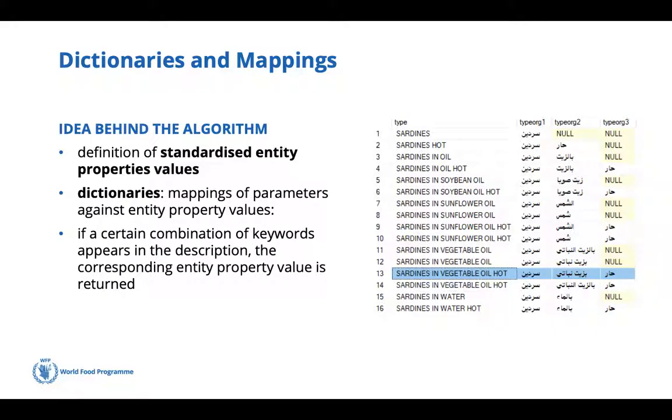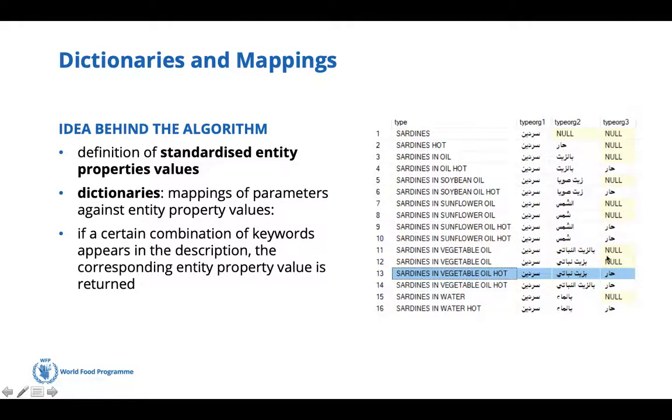The idea behind the algorithm is that we have created so-called dictionaries. First step was that we define standardized entity property values. That is for commodity type, rice, powder milk, tuna in vegetable oil, etc. And the second step was then creation of the dictionaries. In practice, that means that we parse a description, check if certain keywords appear in it, and we return the standardized commodity description.